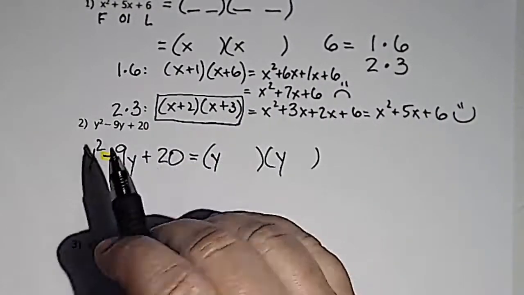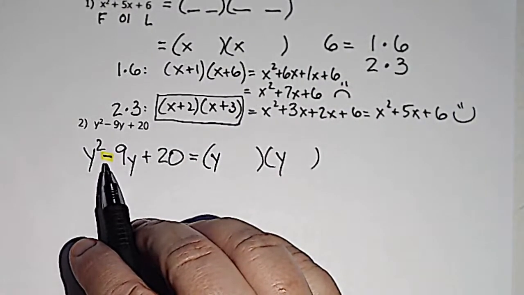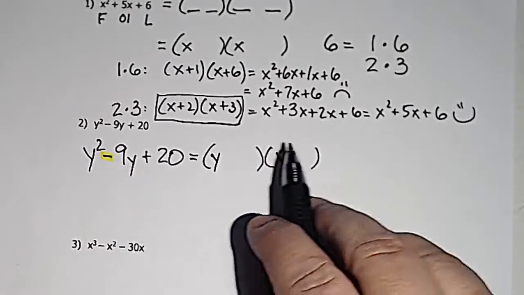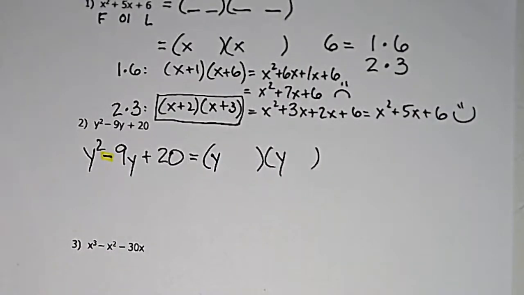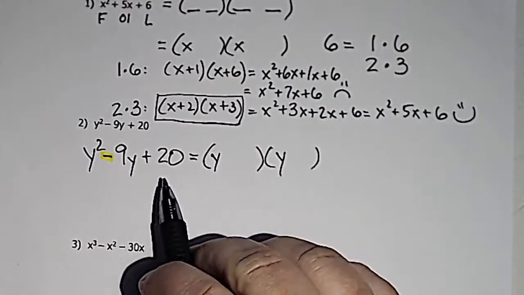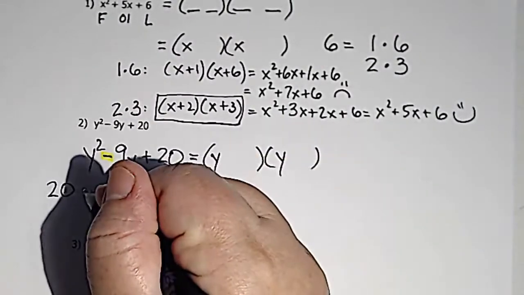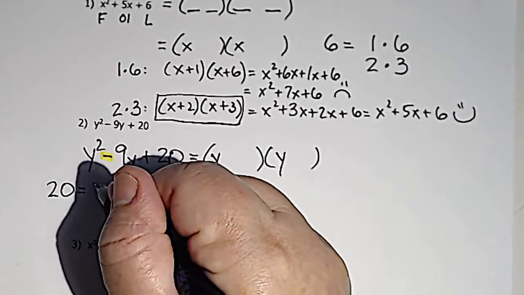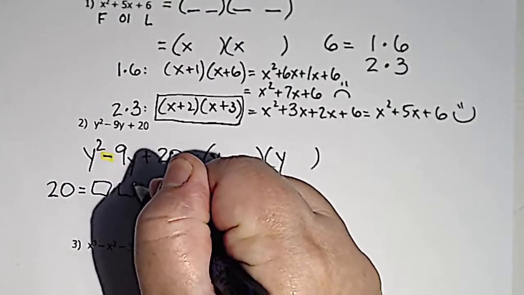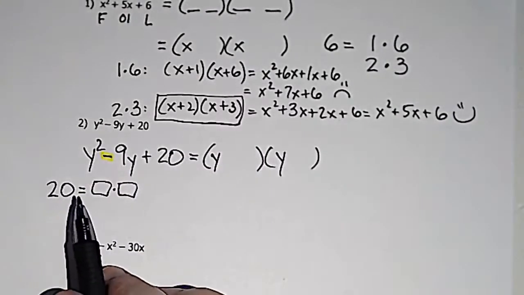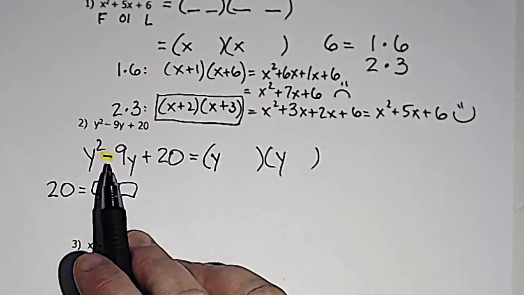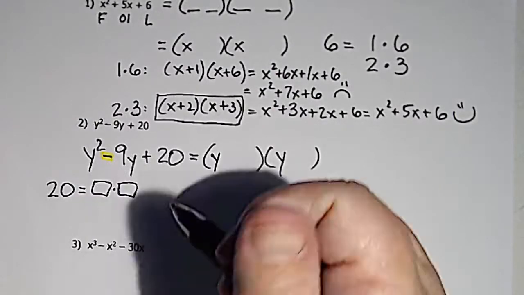There's a minus. If there's a minus anywhere in the problem, then some of your numbers have to be negative. So I have to come up with two numbers that multiply, so it's something times something, and they have to equal 20, but at least one of them has to be negative. So what are the possibilities?